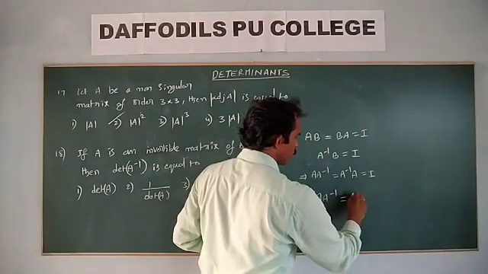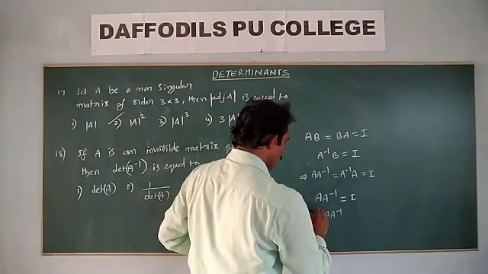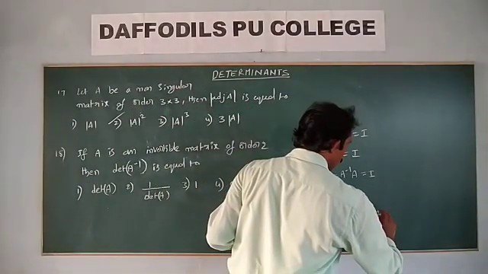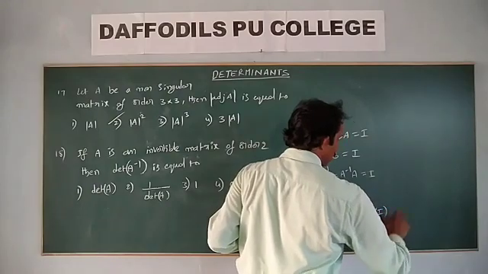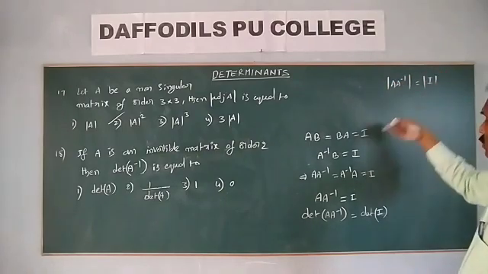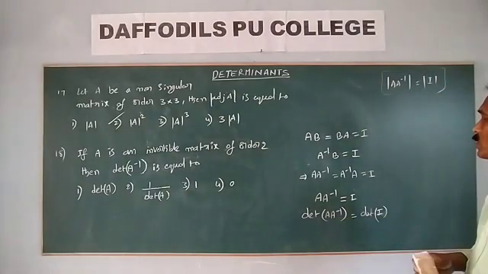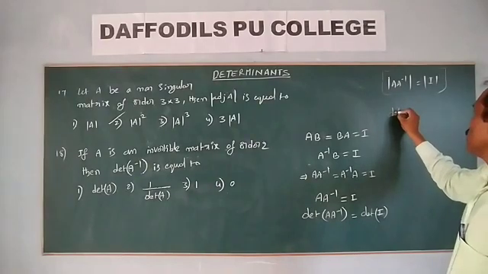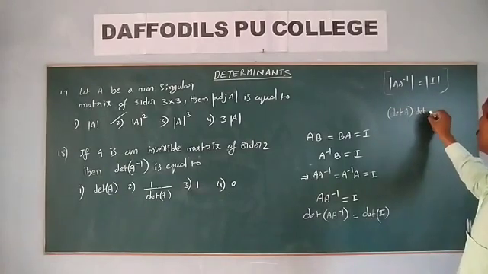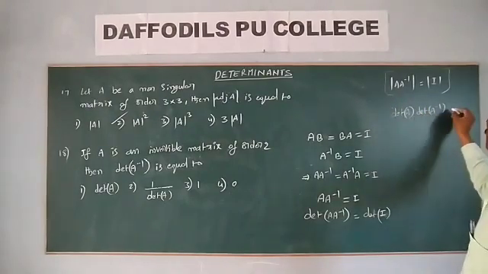A into A inverse is equal to I. Take determinant on both sides, symbolically, determinant of I. Det of AB, I explained the property: det of AB means det A into det B. So det A into det of A inverse.